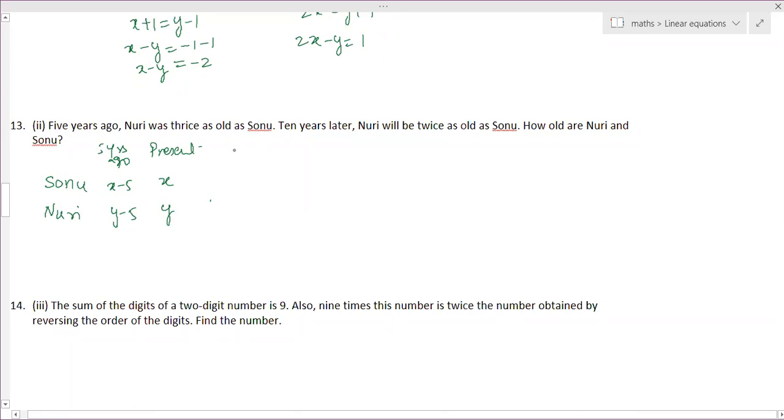So 3 into x minus 5 is equal to y minus 5.